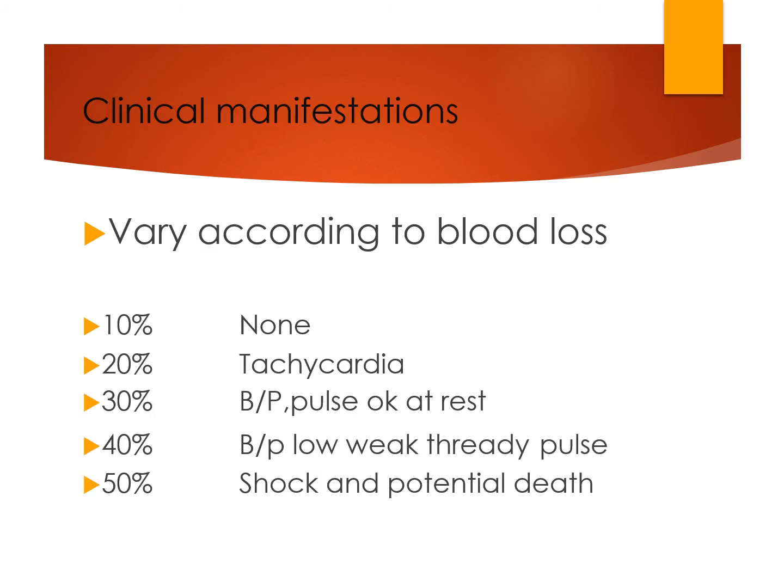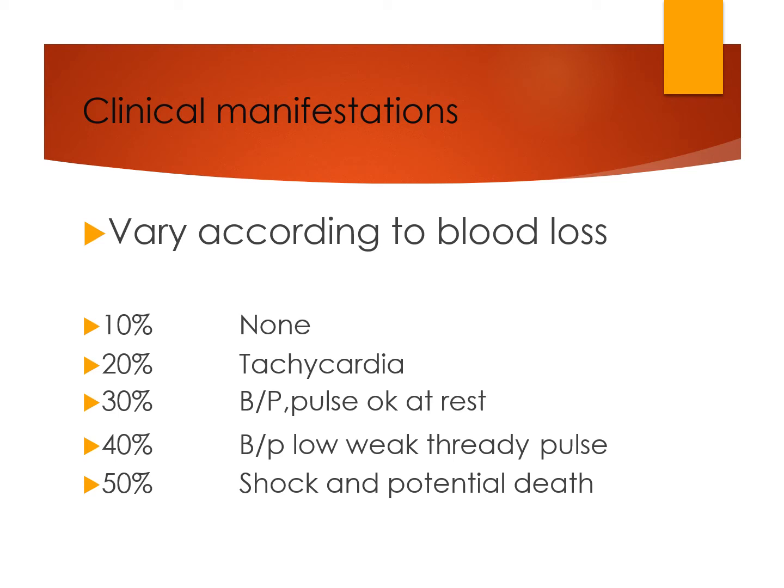When a person is losing blood, clinical manifestations vary according to the amount of blood loss. With 10% blood loss, there may not be any clinical manifestations. With 20%, maybe the heart rate is elevated. I'm talking about maybe 120, 130, 140 on the heart rate. At 30%, the blood pressure may be holding.